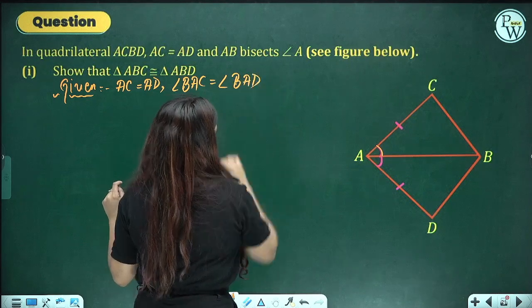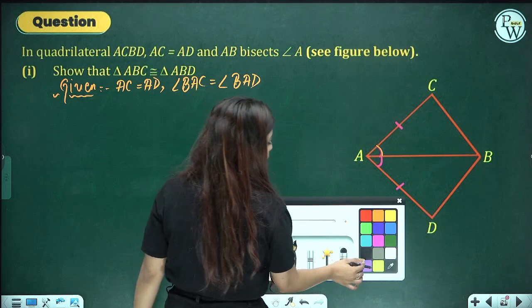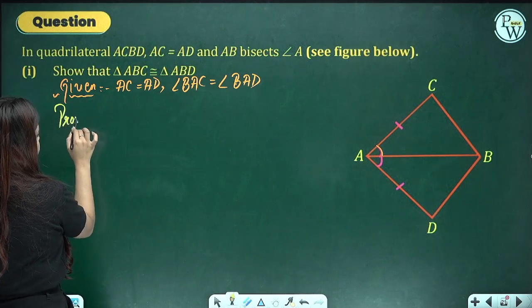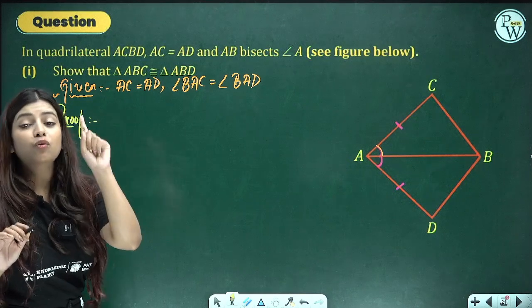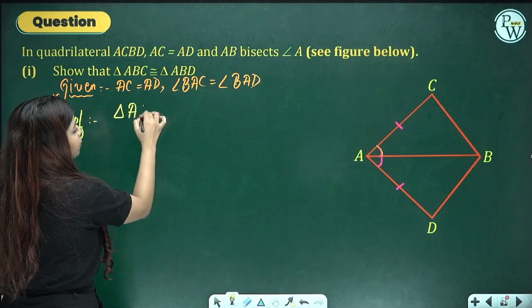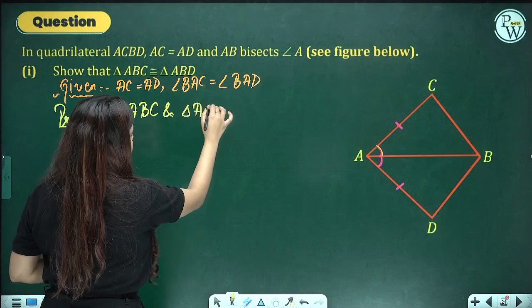If it bisects. Now we have to show that triangle ABC is congruent to triangle ABD. Now let's do the proof part. First of all, we have to write down which triangles we are taking. So we are taking triangle ABC and triangle ABD.